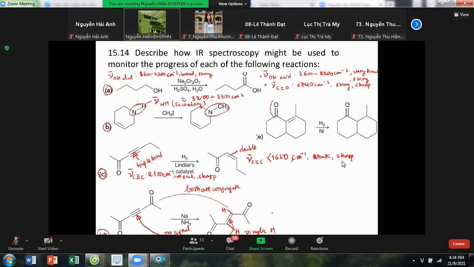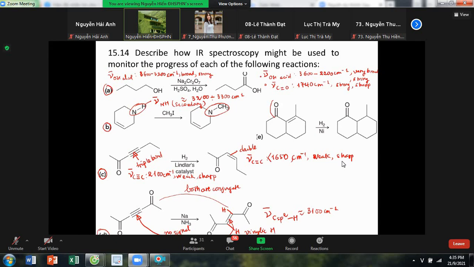So you will observe the absorptions for Csp2-H at about 3100. So remember, in this case, both compounds are conjugates, and so the signal of carbonyl may be very similar.